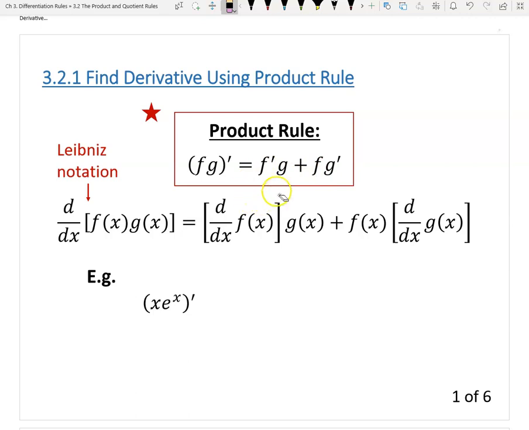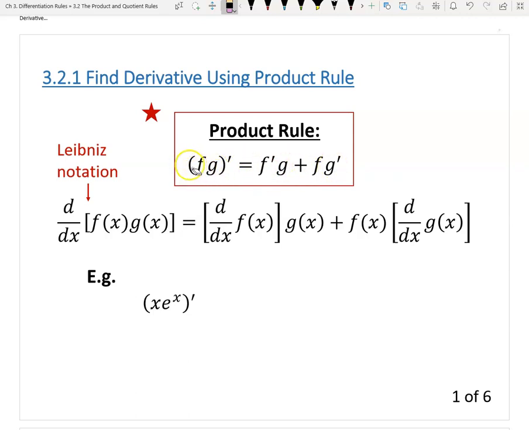In some other books, you may find other forms of the product rule, like we switch the order by commutativity. Someone uses g times f prime plus f times g prime, or some also use f times g prime plus g times f prime. We did not use that form because we are going to keep the same order of f g.